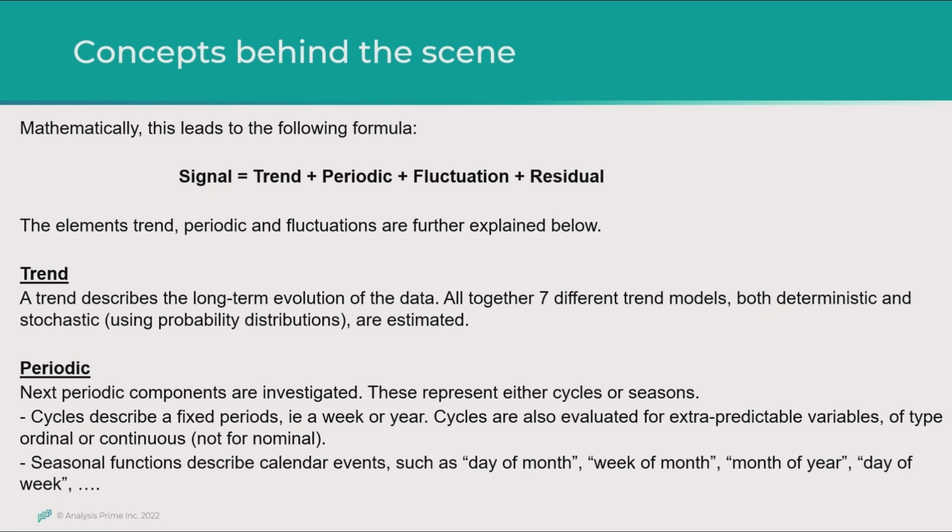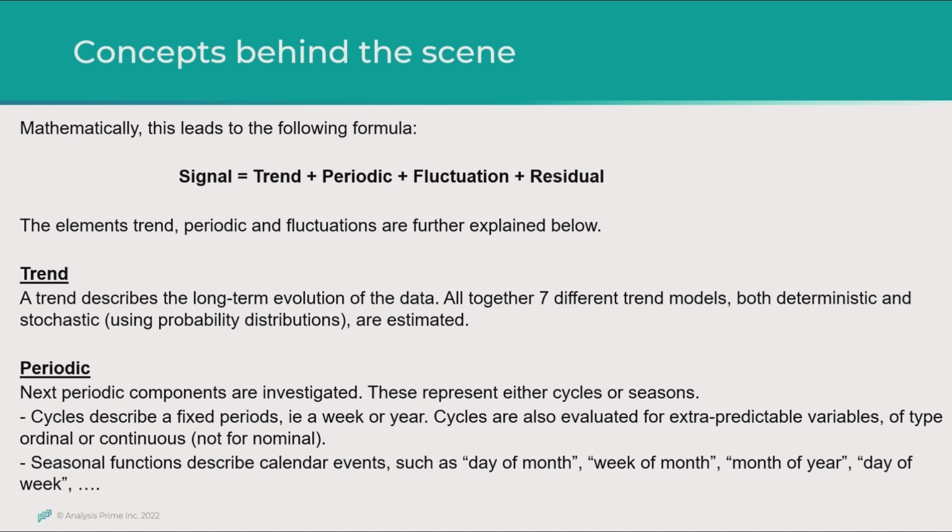SAP Analytics Cloud in predictive scenarios goes through various iterations to find the best forecast model for many different patterns. It tries to describe the target variable, also called the signal, with a trend, repeating periods, fluctuation, and residual.